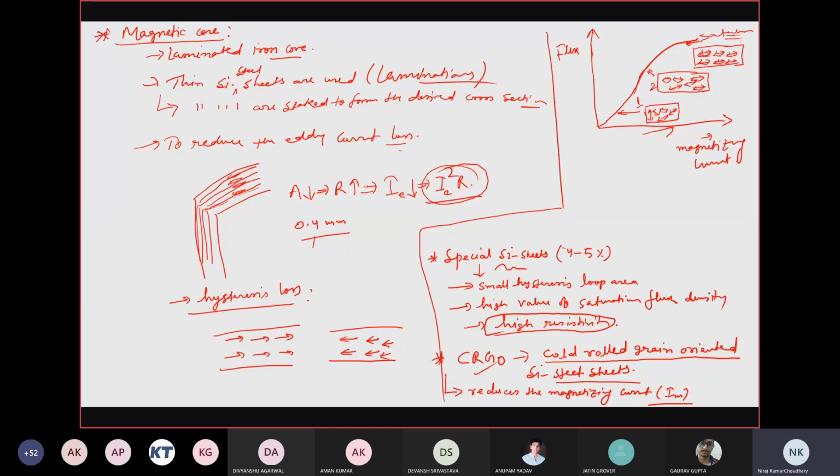So the property of the CRGO sheet is that even if you are not exciting this magnetic material made up of CRGO, cold roll grain oriented, without any external excitation, the grains will be oriented to some extent in the direction of rolling of the magnetic material.